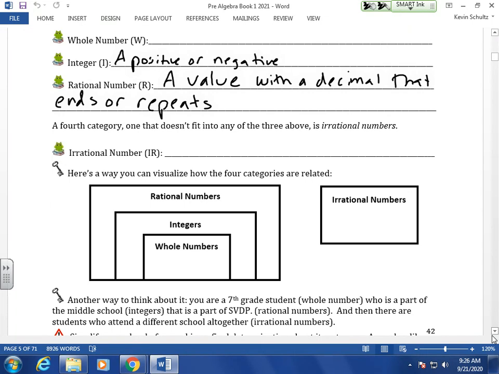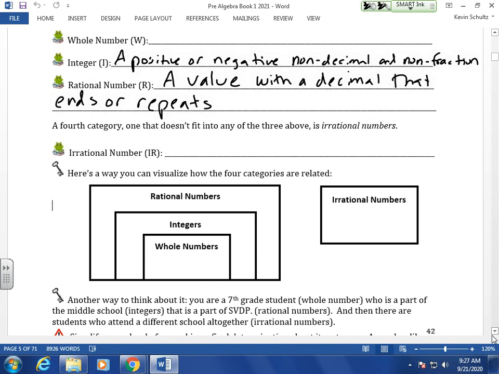But here's the kicker. Non-decimal and non-fraction. So any decimal is rational, like 12.5. 12.5 is rational because the decimal ends, but it's not an integer because it has that 0.5.